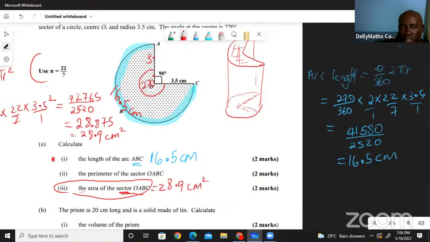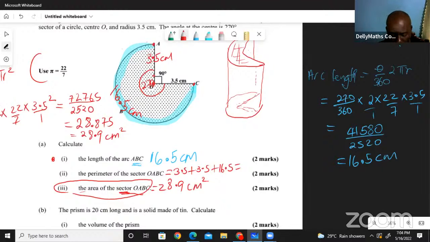So 3.5 is going to be here because it's the radius and it is the same. You're going to be moving from C to O to A and walk along the nice blue line coming back. So we're going to put together 3.5 plus 3.5 plus 16.5, and that will give us our final answer.